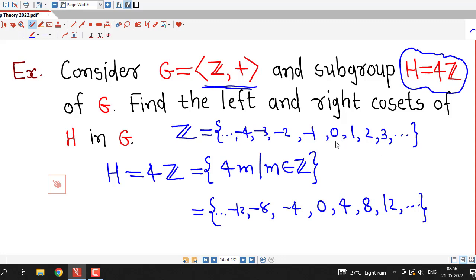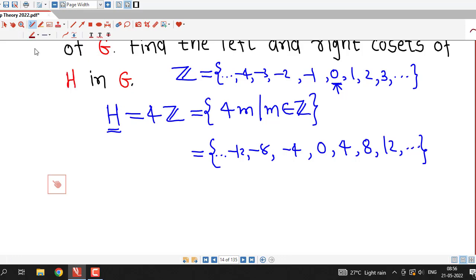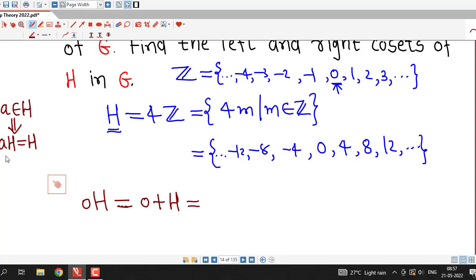So we start with the element 0. We decide the left coset of H for this element 0 of the given group Z, and the operation is standard addition. So first we write down the left coset corresponding to element 0, and because our operation is addition, we write 0 plus H. If you remember the properties of cosets which we discussed in the last lecture, we have one property which says that if an element a is a member of the given subgroup, then the left coset corresponding to that element is that subgroup itself.